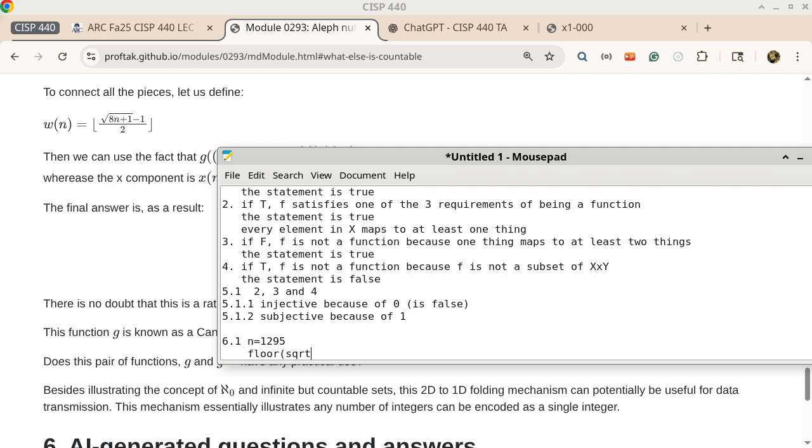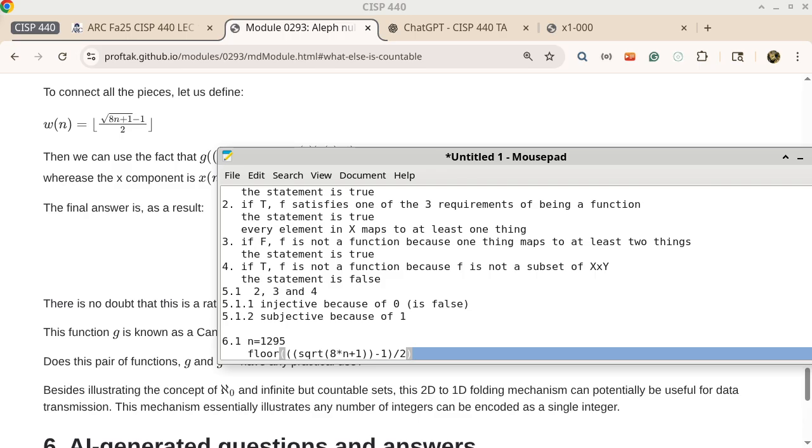So we're looking at the square root, we need the square root minus one, and then the whole thing divided by 2, and then take the floor of that. Inside the parentheses here would be whatever is inside the square root. So we have the square root of 8 times n plus 1. There we go. So now we just plug this in.